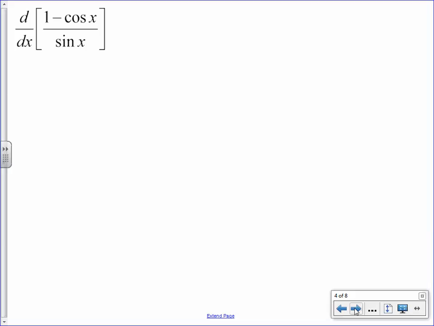So, what rule will we be using? The quotient rule. So, low times the derivative of the numerator would be what? It would be a positive sine of x. Good.